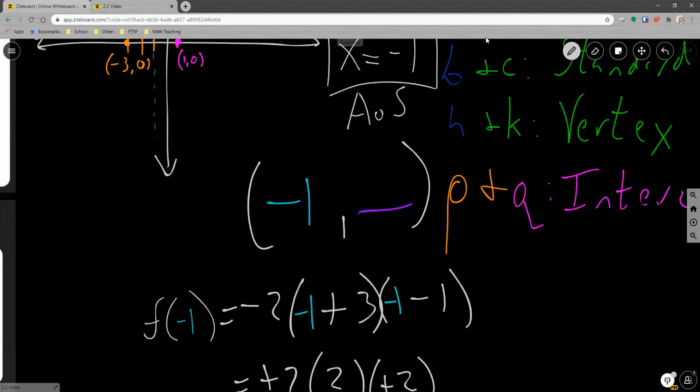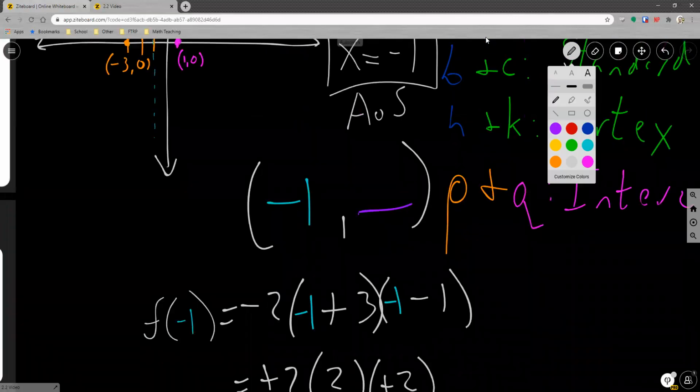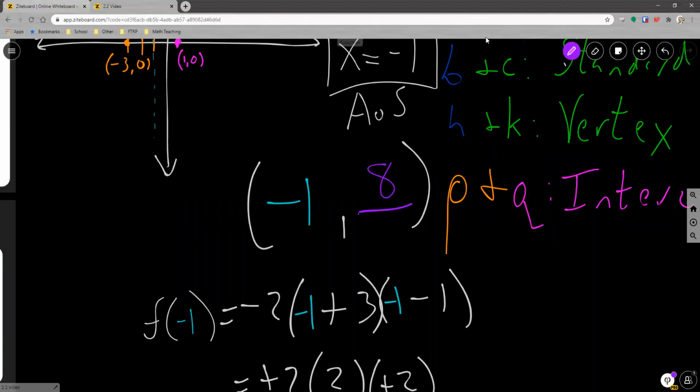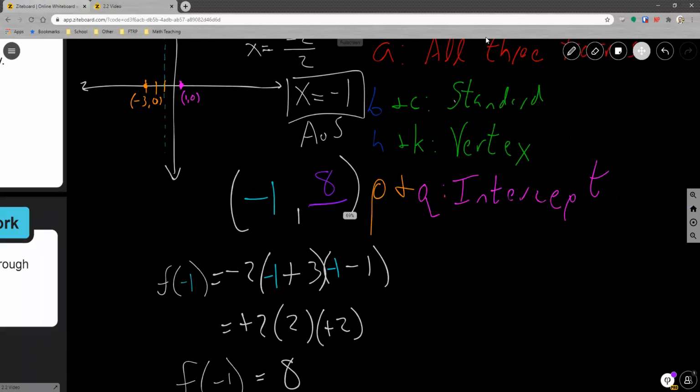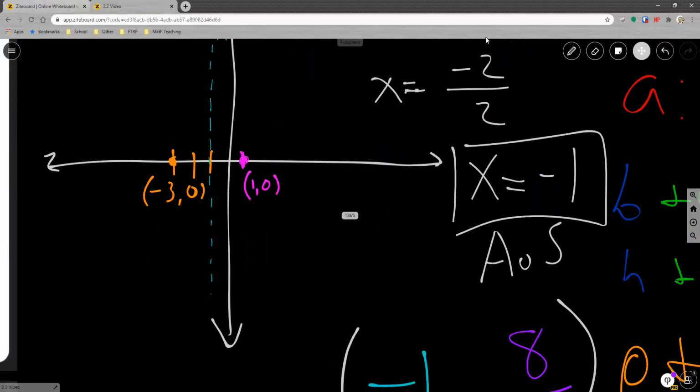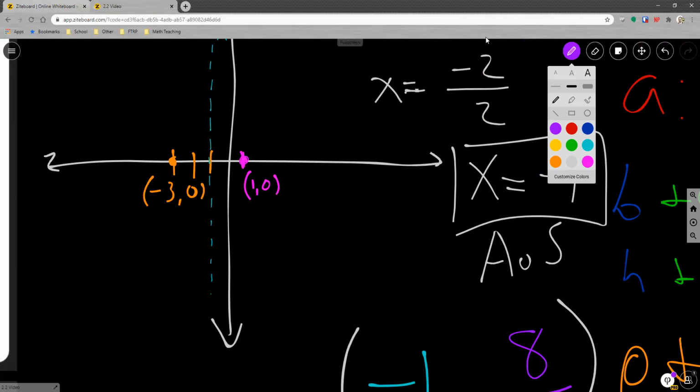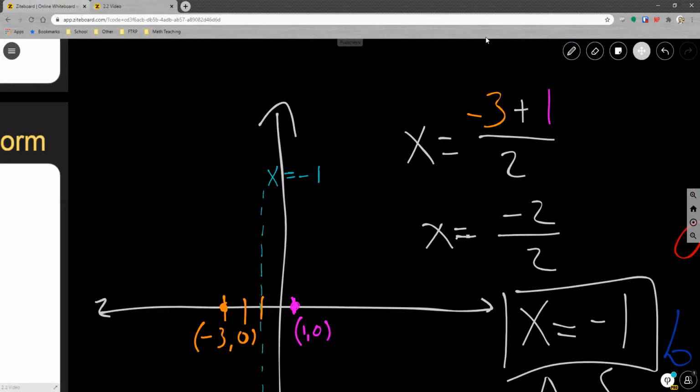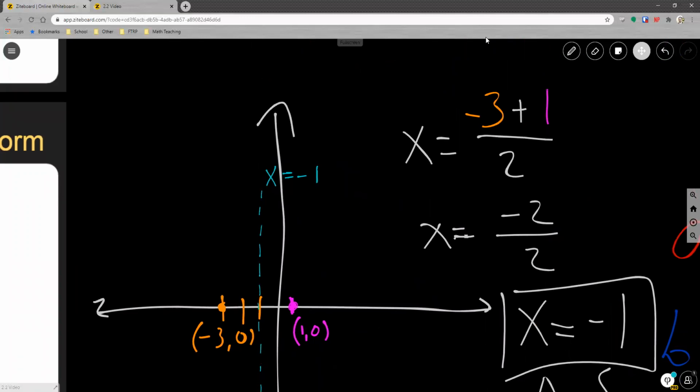Which means when my x value is -1, my y value is +8. And now I've got my vertex. So I've got all the data I need now. I can put my vertex on this sketch as well. My vertex is way up at +8. I'm just going to say it's here. It's not really, but it's close enough.